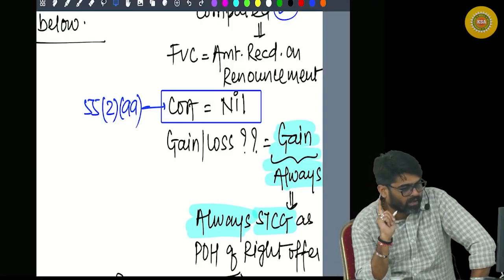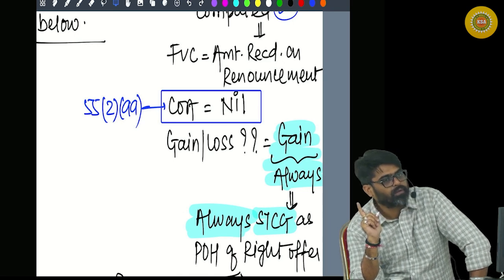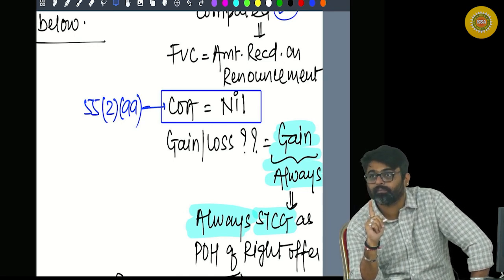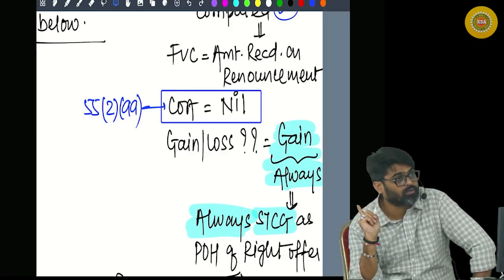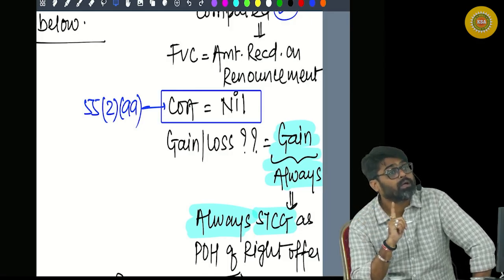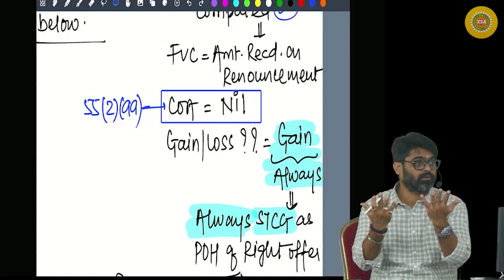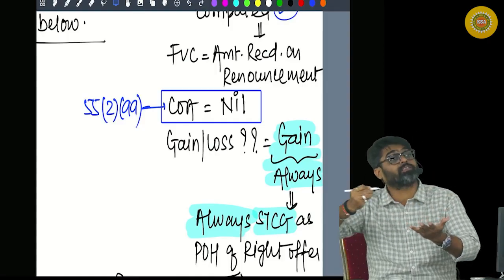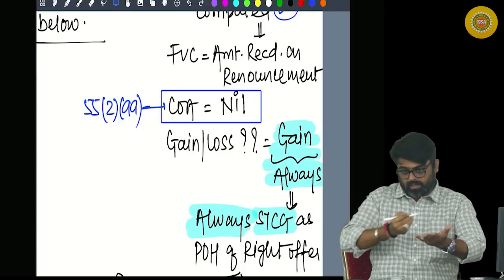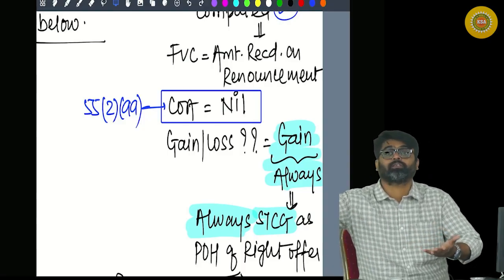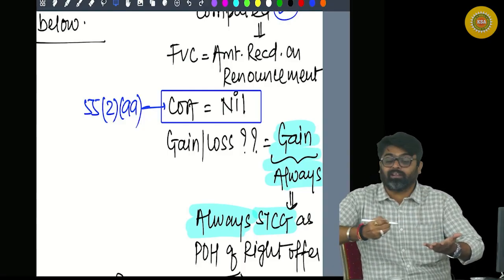If you are getting a loss here, bring your SRO number to me. If ever you get a loss here, bring your SRO number. I will write a letter from my own sweet hands to dearest ICAI: this SRO number, immediate effect, cancel the registration.